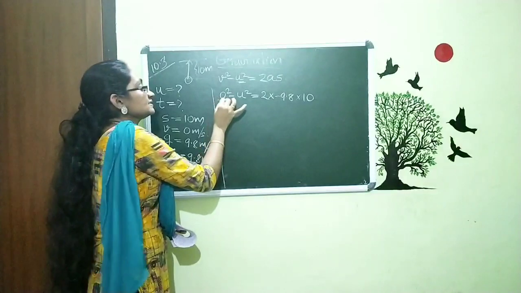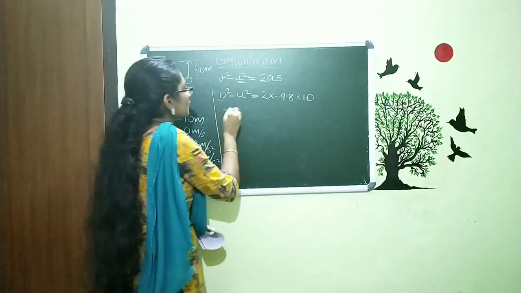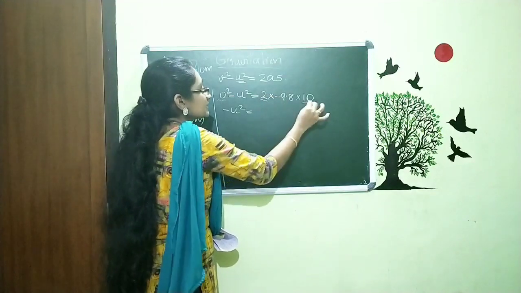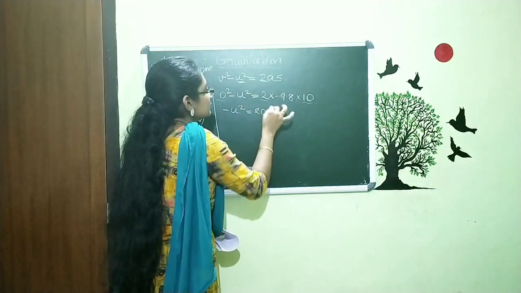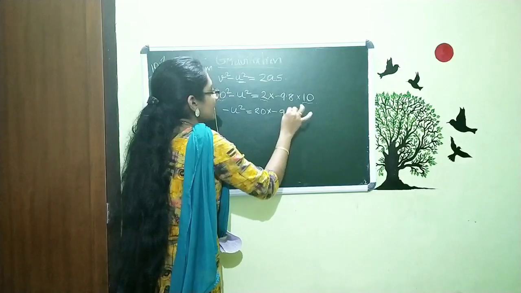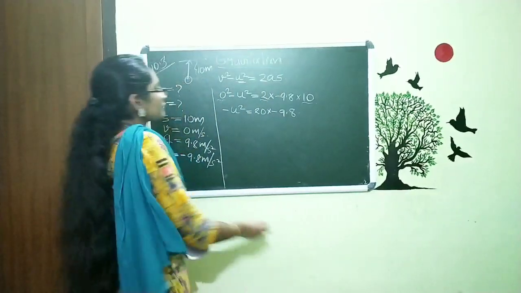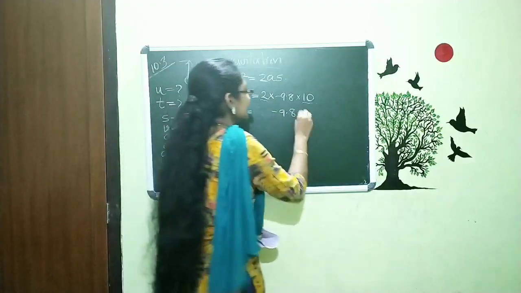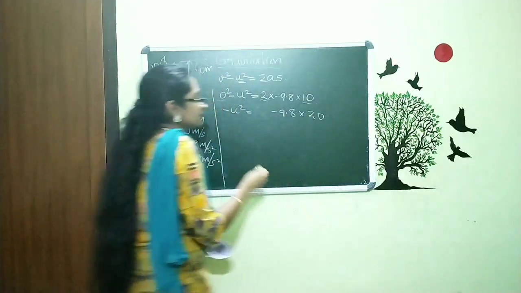So this 0 is here, so it is gone. Now, minus u square is equal to 2 into 10, 20 into minus 9.8. I am just writing this 20 this side, into 20. Both are same.